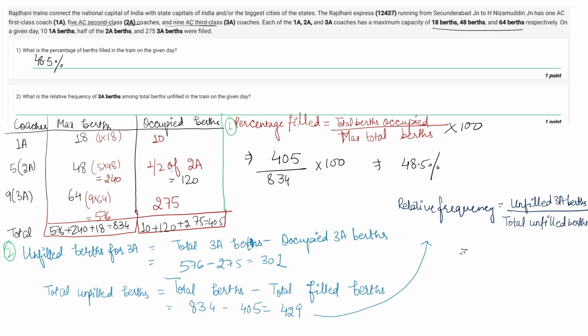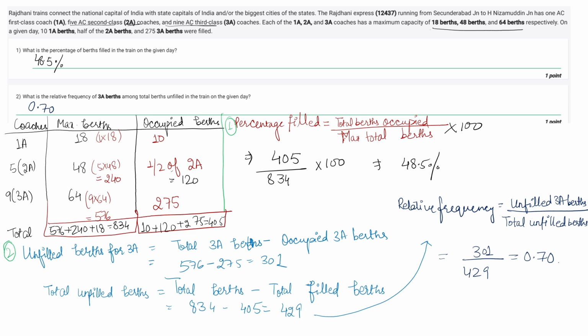So this will be equal to 301 upon 429, and this will equal 0.70. So the relative frequency is 0.70.